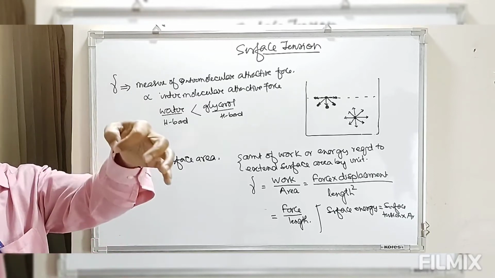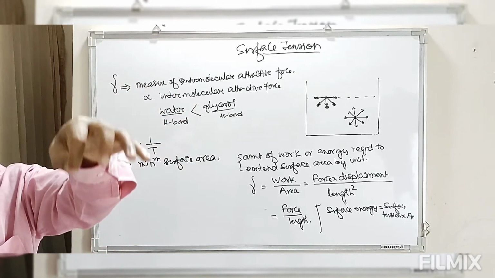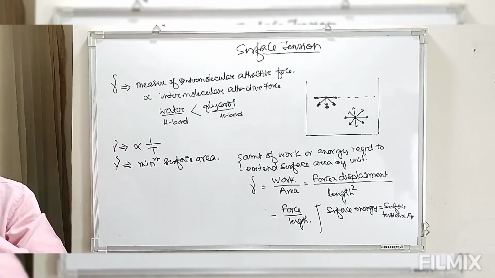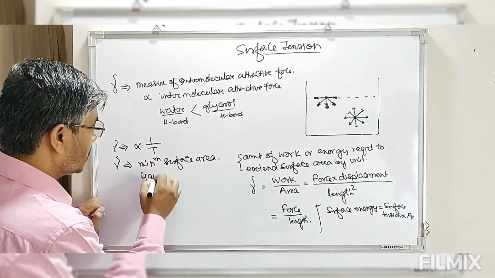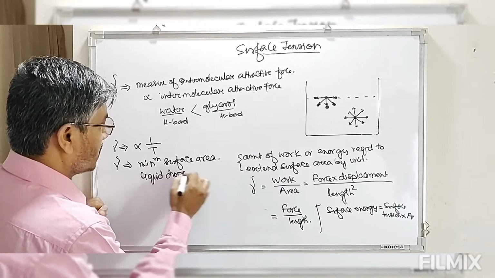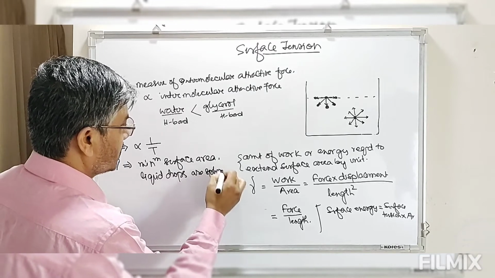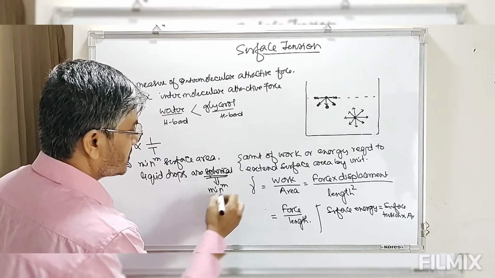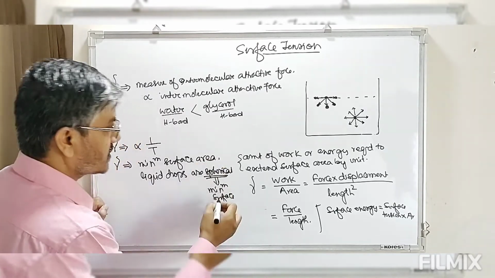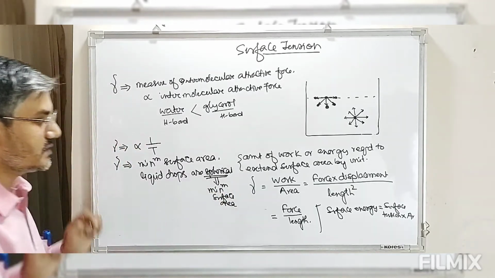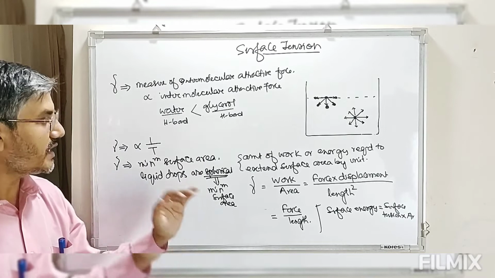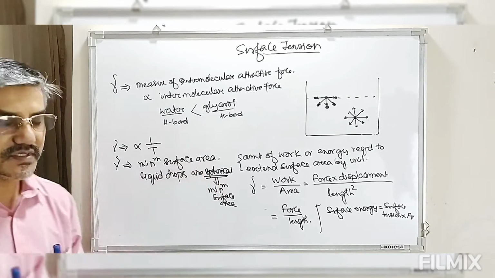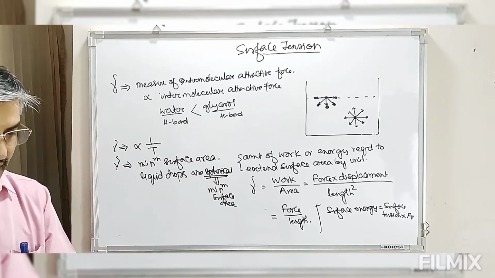Liquid drops falling from a particular dropper are always spherical in nature because the sphere has the minimum surface area, and this is because of surface tension. So because of surface tension, liquid drops are spherical in nature.